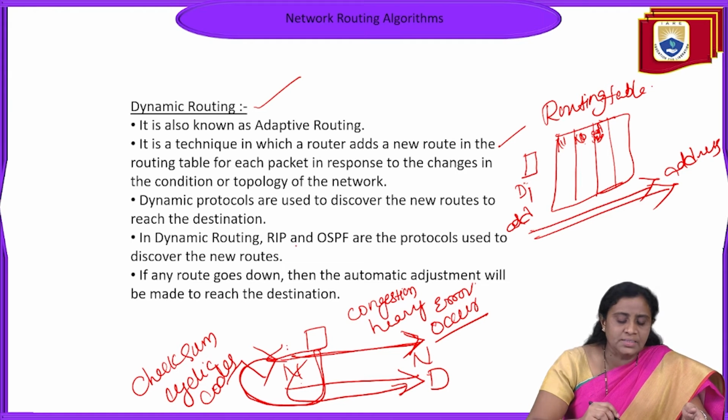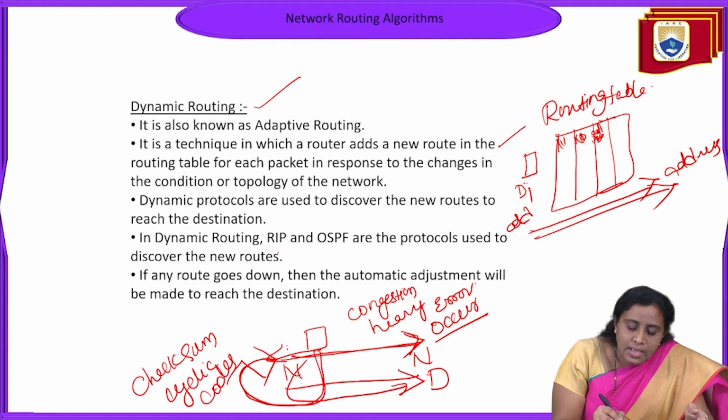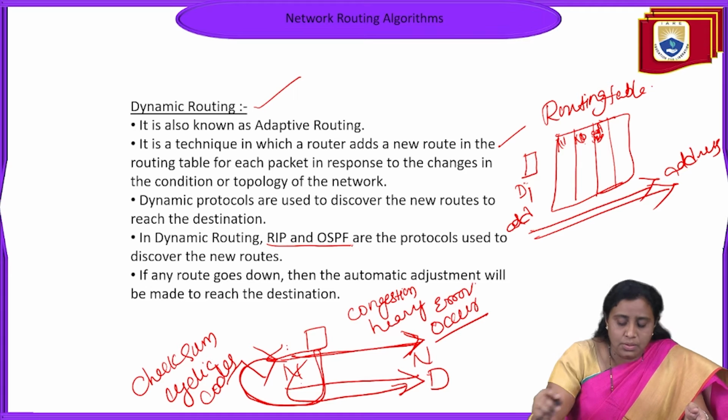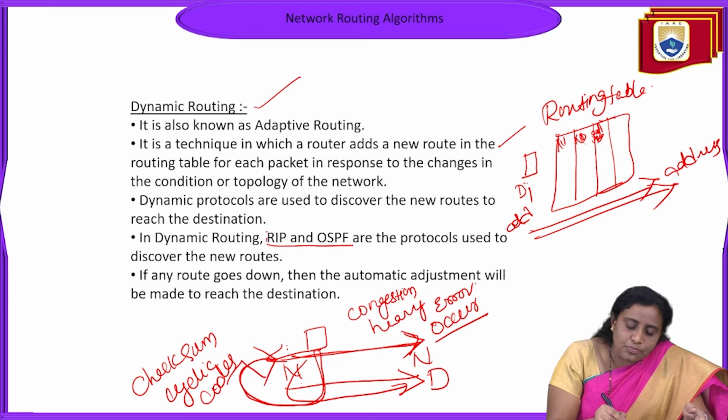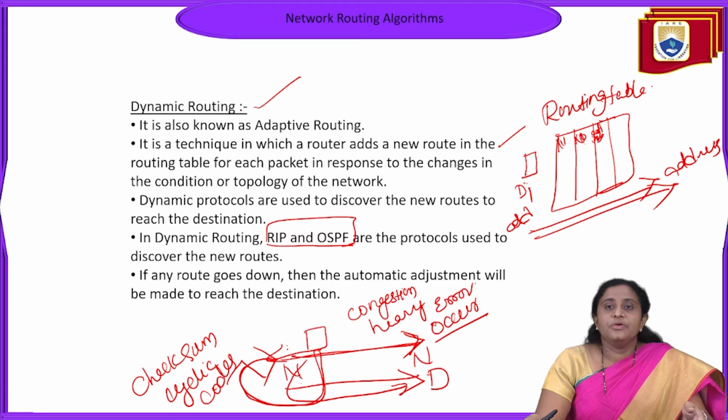Again, in dynamic routing, RIP and OSPF are the two main protocols used to discover new routes, which are helpful in dynamic routing. These are the two types of protocols used to discover new routes.